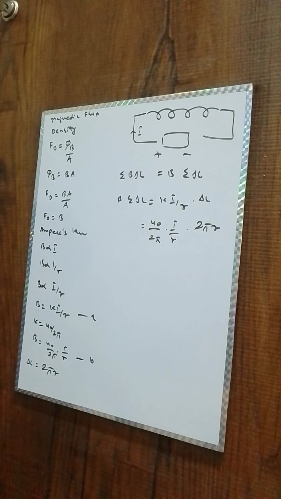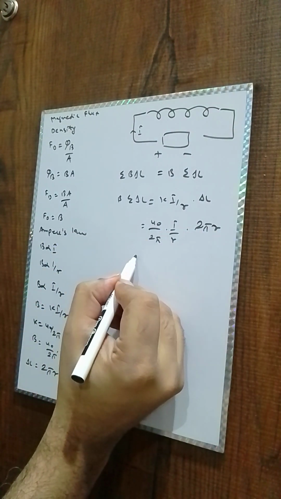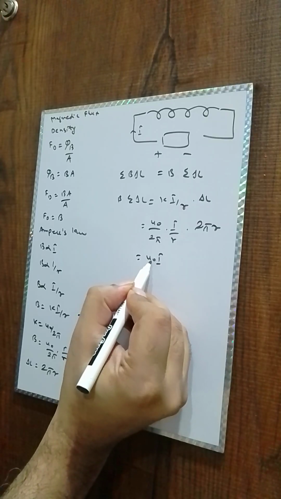So r cancels out, 2 pi cancels out as well, so we're left with mu naught I.